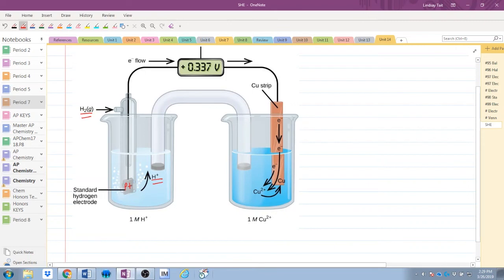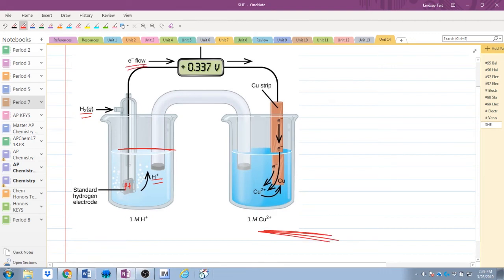The hydrogen gas has to come into contact with the platinum plate either to drop off electrons, or the hydrogen ions have to bump into that platinum plate to pick up electrons. And the answer for if it's going to drop off or pick up is entirely dependent on what's over here, right? You have to figure out, here's the hydrogen, is copper at the top of this cliff or is copper at the bottom of this cliff?